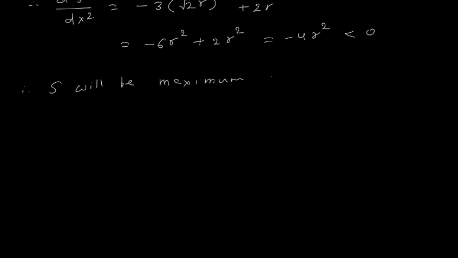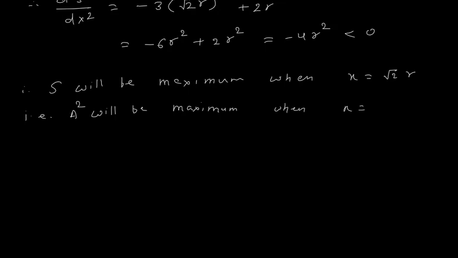when x equal to root 2 r. That is, s is what? S is area square. Area square will be maximum when x equal to root 2 r. That is, if area square is maximum, area is maximum.